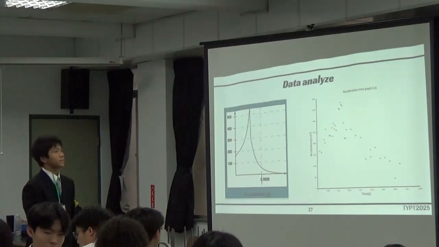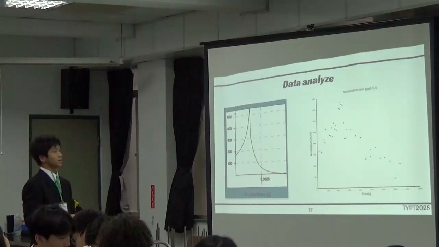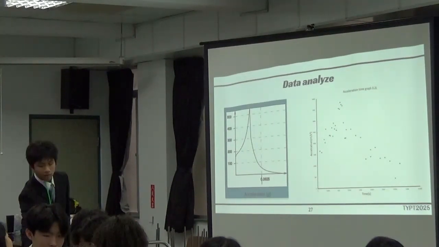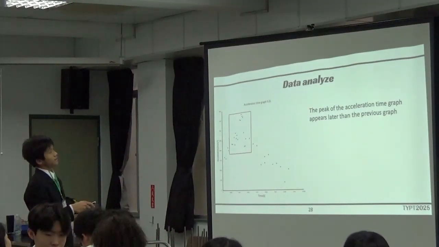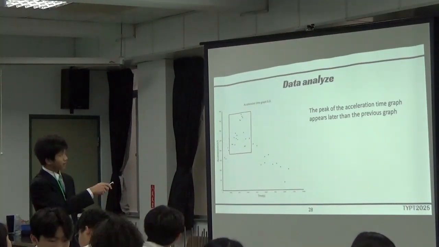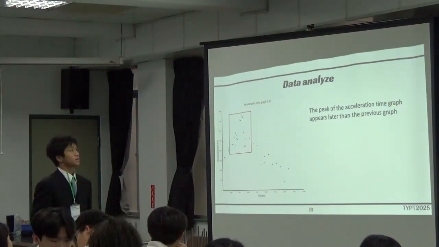And this is the chart for 0.1 liters, and it also appeared in similar parts of the graph. So you can see that when the peak of the chart appears, it is a bit later than the previous chart.